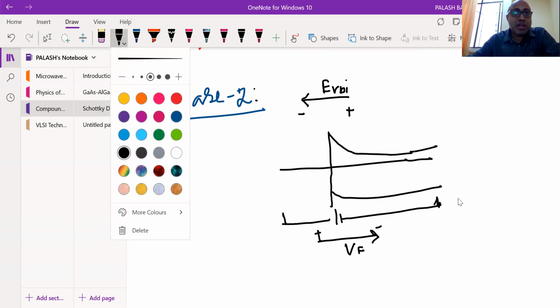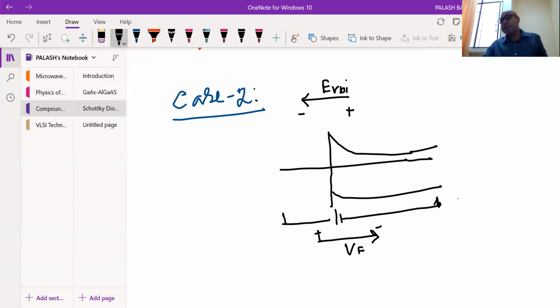First, a few things that you please remember, because we often have a problem. Just remember your graduation level practical experience, practical class. How are you giving the forward voltage? You can give a forward voltage in the following manner.